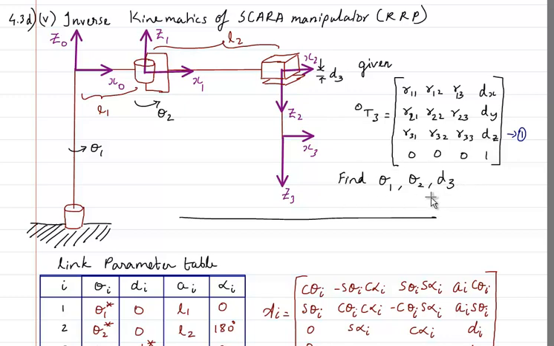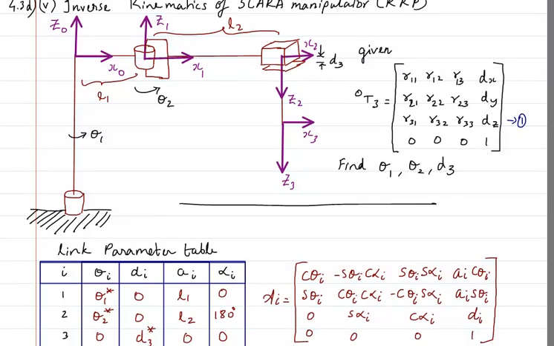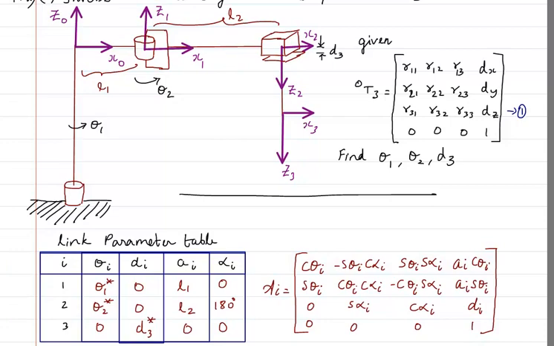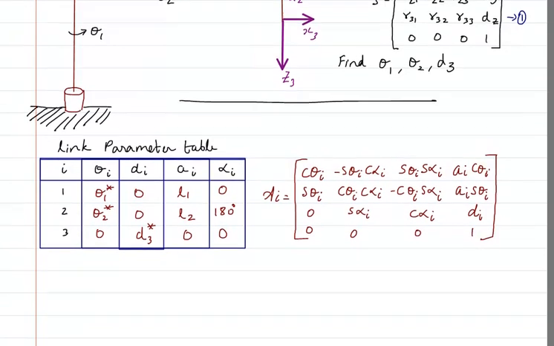As we have already done it previously in one of the previous sections of forward kinematics, we will straight away write the answers from there for the link parameter table, which we get like this.